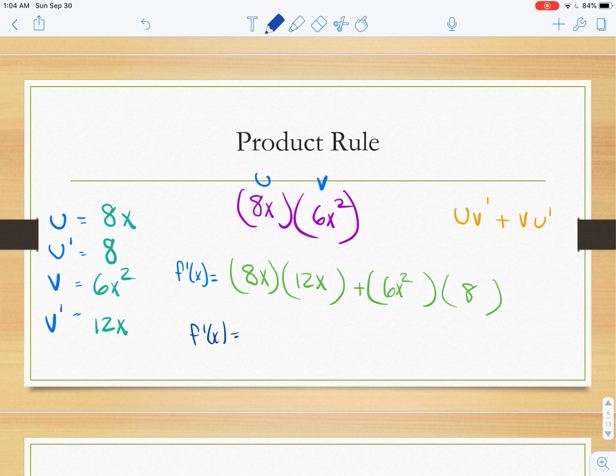So f prime of x, I'm going to distribute: 2x squared plus 4x plus 5, and then we can combine these.